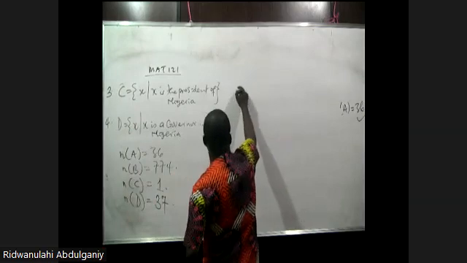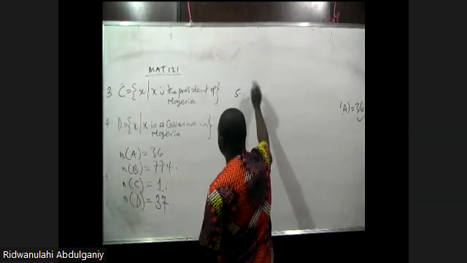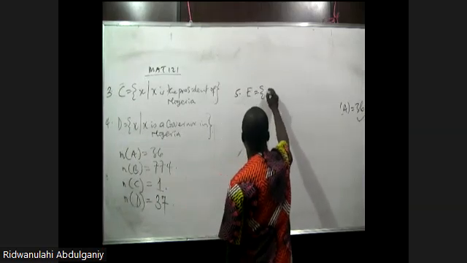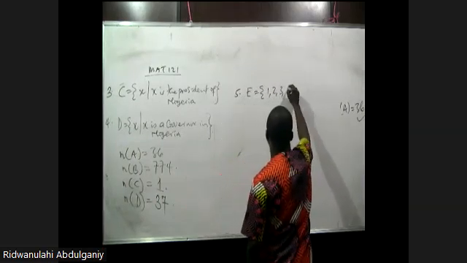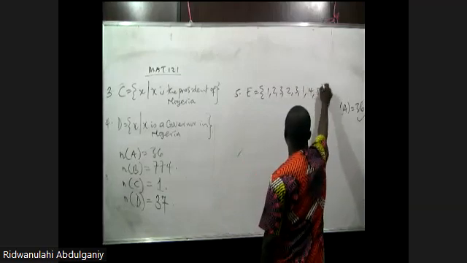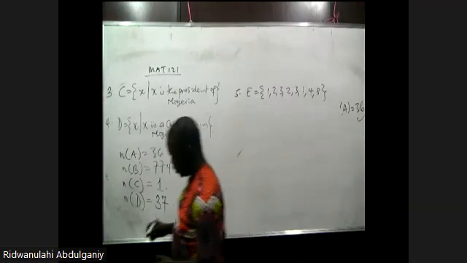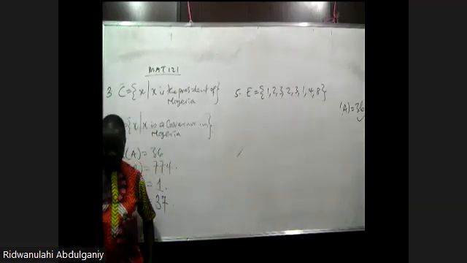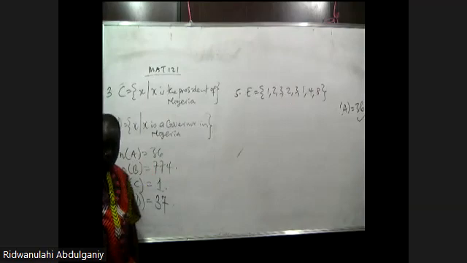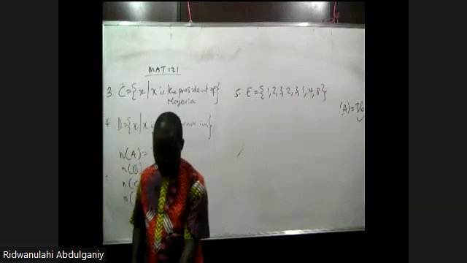Let's look at this. What's the cardinality of set, say, E? E is 1, 2, 3, 2, 3, 1, 4, 8. What's the cardinality of E?